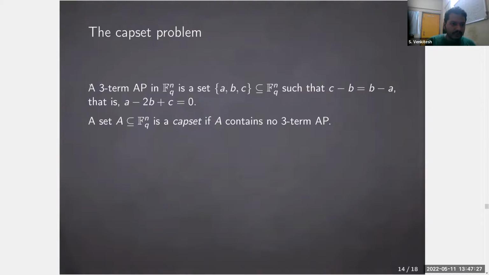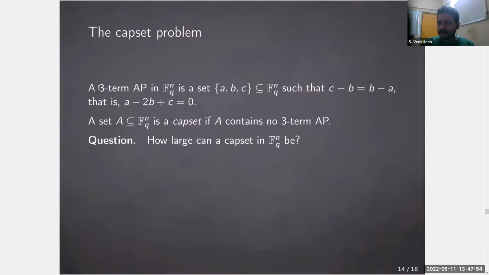That is why we restrict ourselves to three-term APs, just the smallest case of AP that one could think about. So the extremal question in this case is, how large can a set of points be which does not admit any three-term arithmetic progression? So the question is, how large can a capset in F_q^n be?